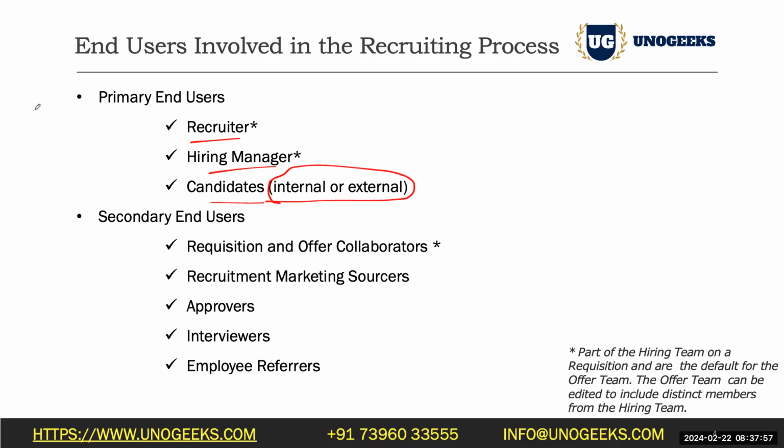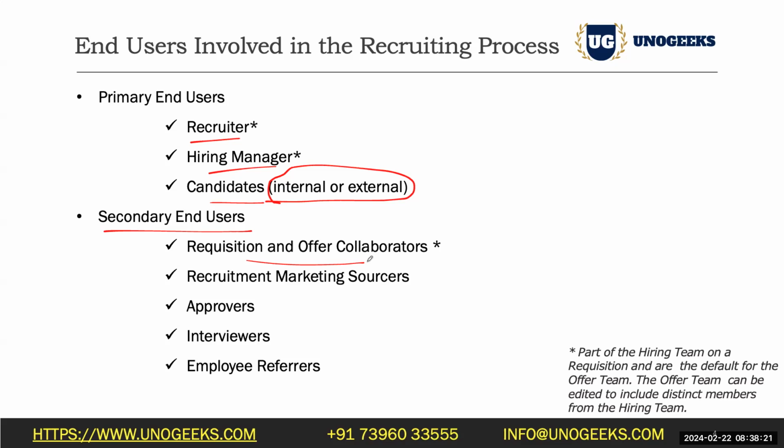Apart from these primary end users, we have certain secondary end users. The primary end users are Oracle standard, but the secondary end users vary from customer to customer and will keep changing. First we have requisition and offer collaborators. You are aware of the functionality of a collaborator, right?